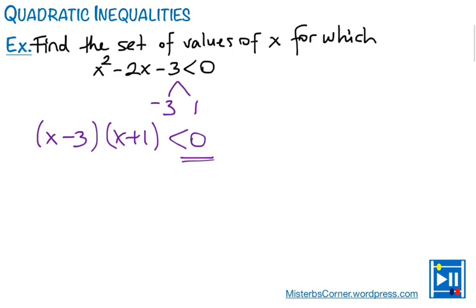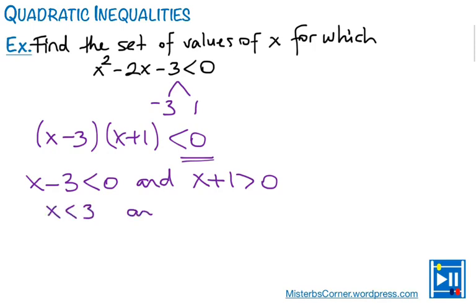So it could be that either x minus 3 is negative and x plus 1 is positive, because one negative and one positive number multiply to a negative number, right? Either it is x minus 3 which is negative. In that case, x is less than 3 and x is greater than negative 1.